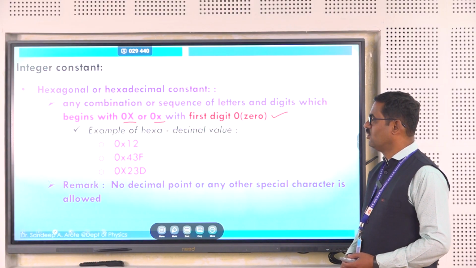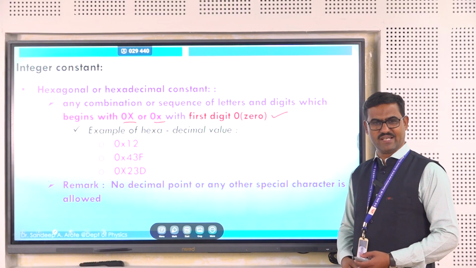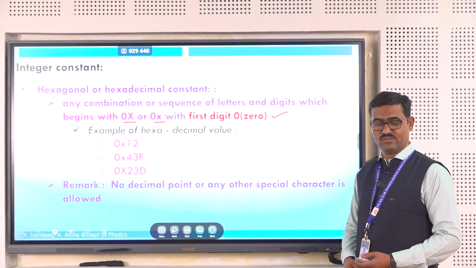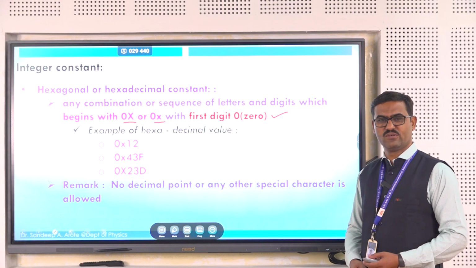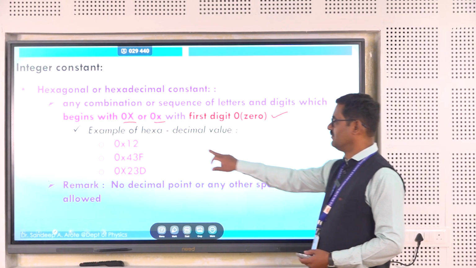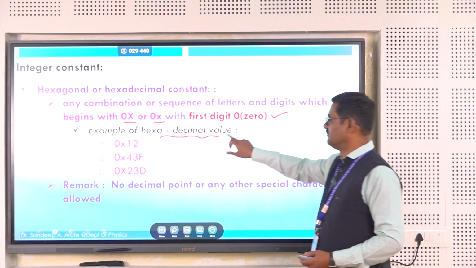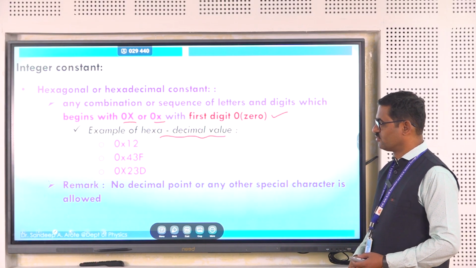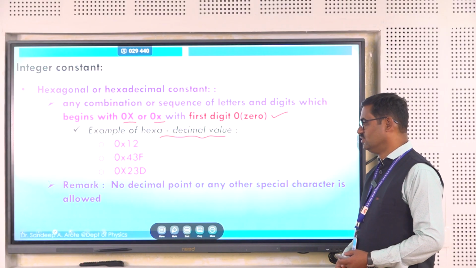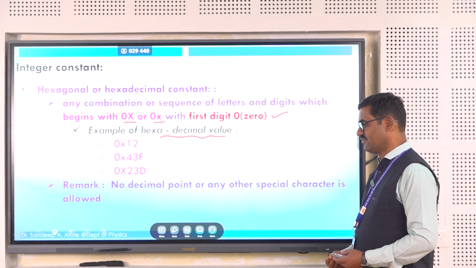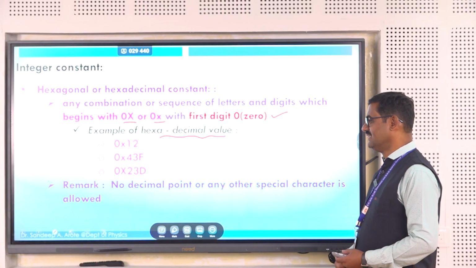You can go up to the letters A to F, either in lowercase or in uppercase. Here are some valid examples of hexadecimal integer constant: 0x12 is valid, 0x43f is also valid, 0x23d is also valid.